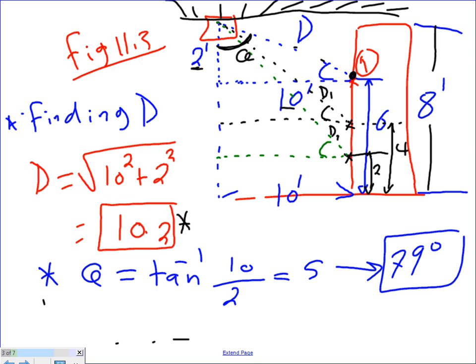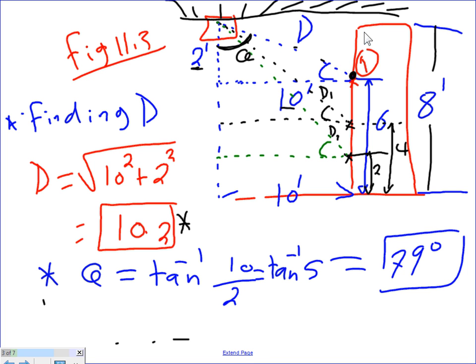Thank you. So this is my tan inverse. I should probably put it properly in math: tan inverse 5 equals 79.